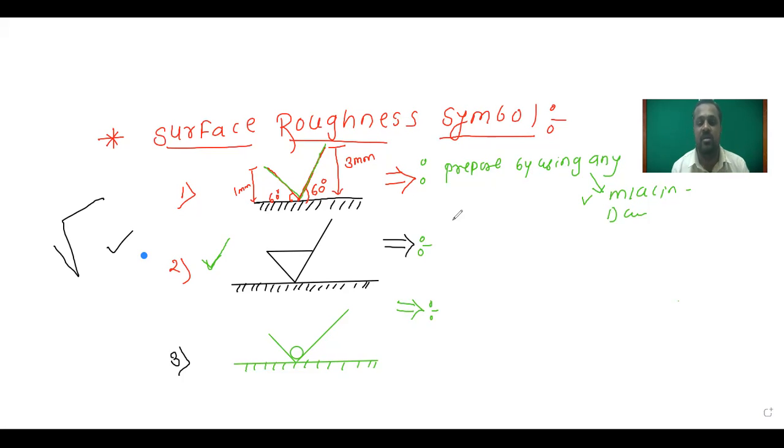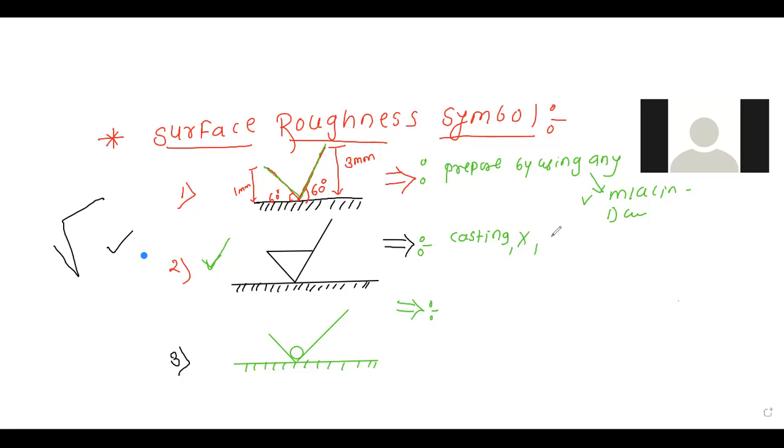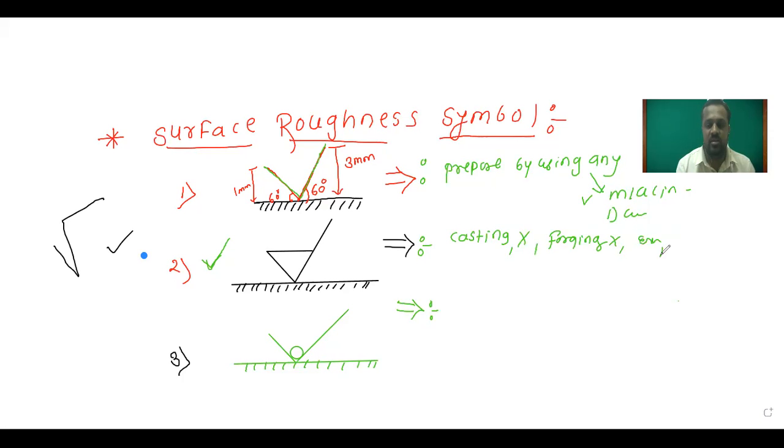Which process do we have to use here? If such a symbol is there, whether we have to use casting: no. Forging: no. Extrusion: no. Machining process: yes.